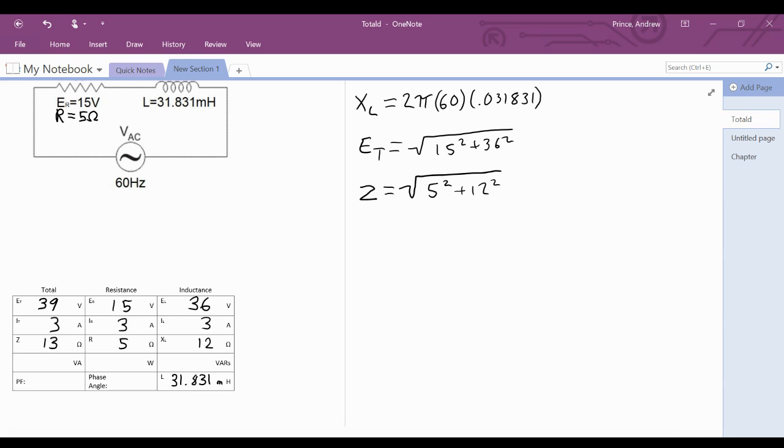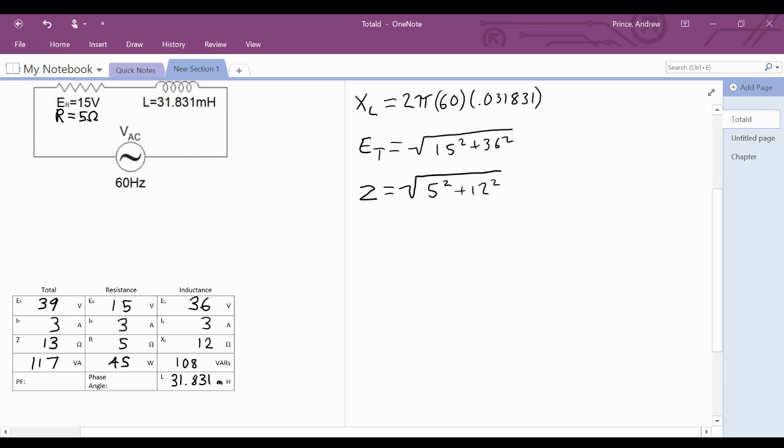So let's go ahead and work from the left over. So 39 times 3 gives me 117 voltamps. 15 times 3 gives me 45 watts. And 36 times 3 gives me 108 vars.